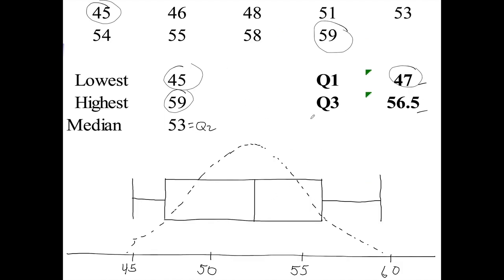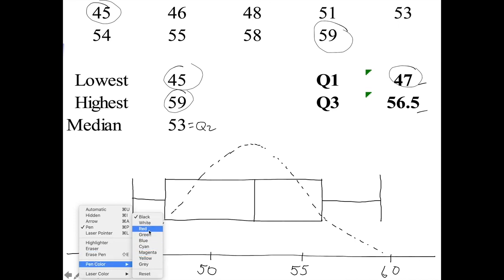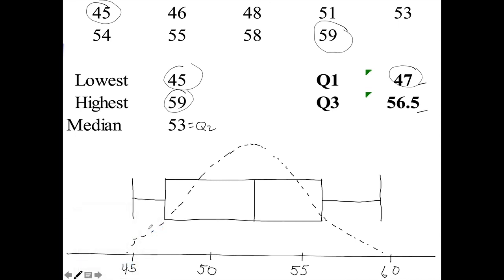Pero if ever na nandito ang ating, gawin ko ibang kulay, if ever na nandito ang ating Q3, mas malayo pa. Tapos nandito ang ating median. Tapos same ang ating Q1, ganyan.